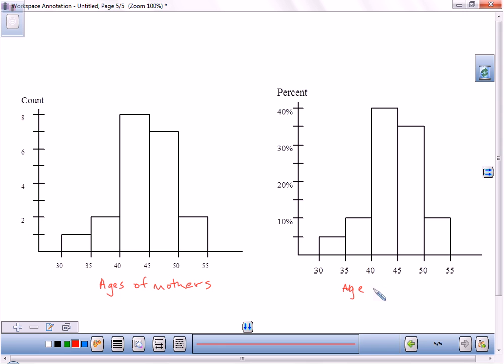This is the frequency histogram. This is the relative frequency histogram of the ages of senior mothers. All right, there we go. Good enough.